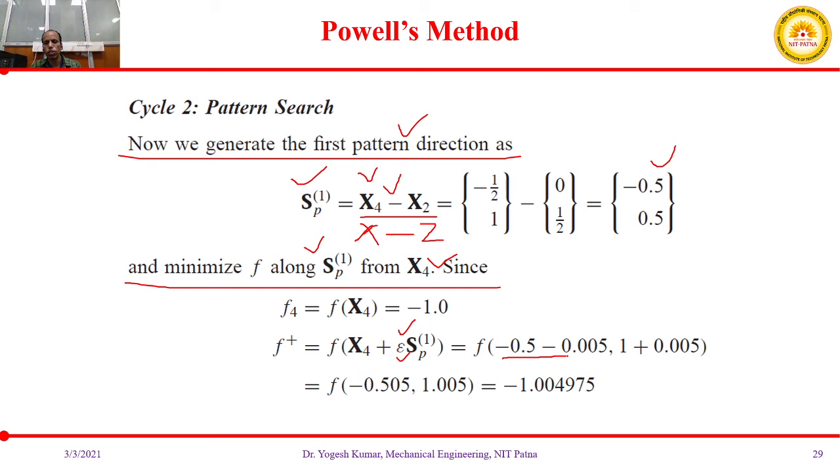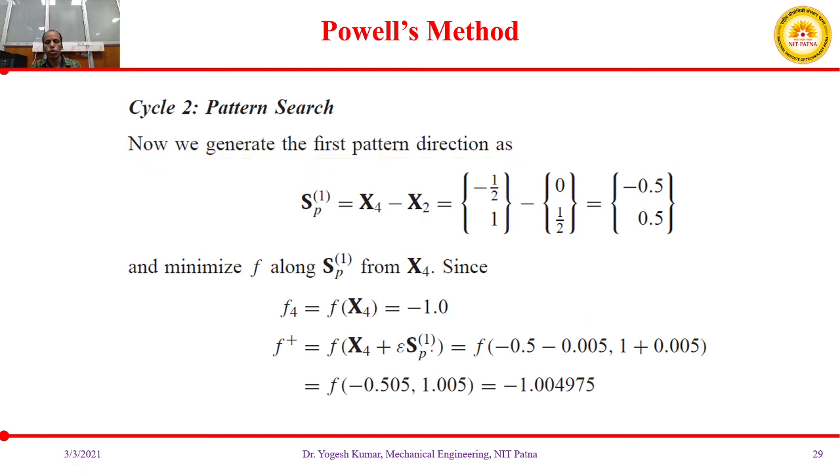This will be x1 and this will be x2. Sorry, this is not for x4. So you look at the movement in the positive direction, and you get a value equal to minus 0.004975, and the value of the function at x4 is minus 1.0.